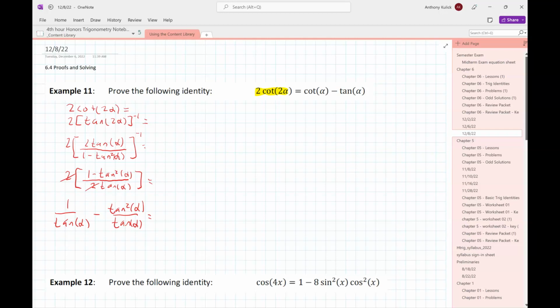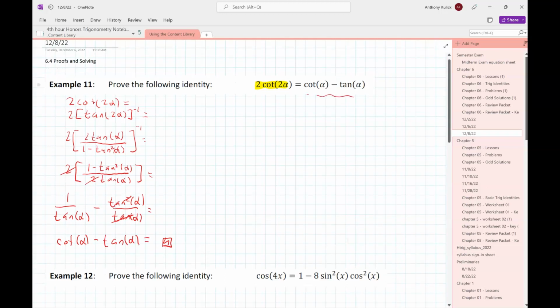Those have the common denominator, so I could subtract them back together and get back to the previous step. I notice that tan alpha and tan squared alpha have a factor in common, so those can reduce. 1 over tangent is cotangent alpha. And then we have just the tan alpha left over here, and that is exactly what we're looking to get to. So we're done.